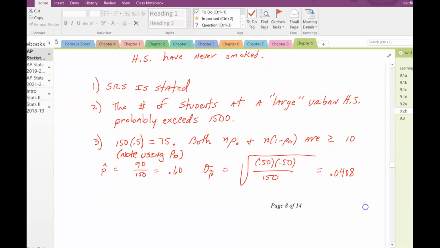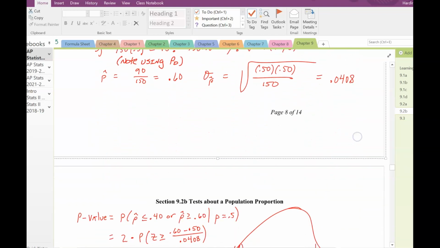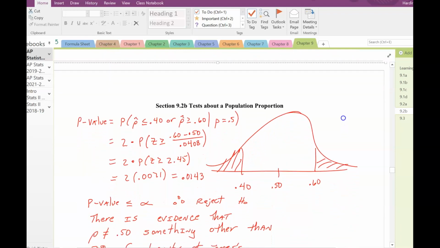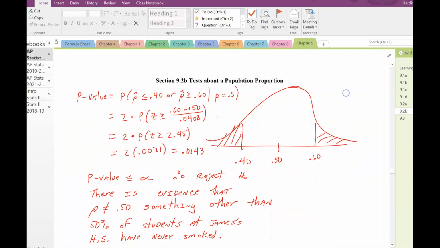We've set up the values for the sampling distribution. But I want you to take a look at this. He had a certain sample proportion from his high school that was 0.6. When you're looking at a two-tailed or two-sided hypothesis test, you are considering the likelihood of getting a sample that's as extreme as that sample in both directions.